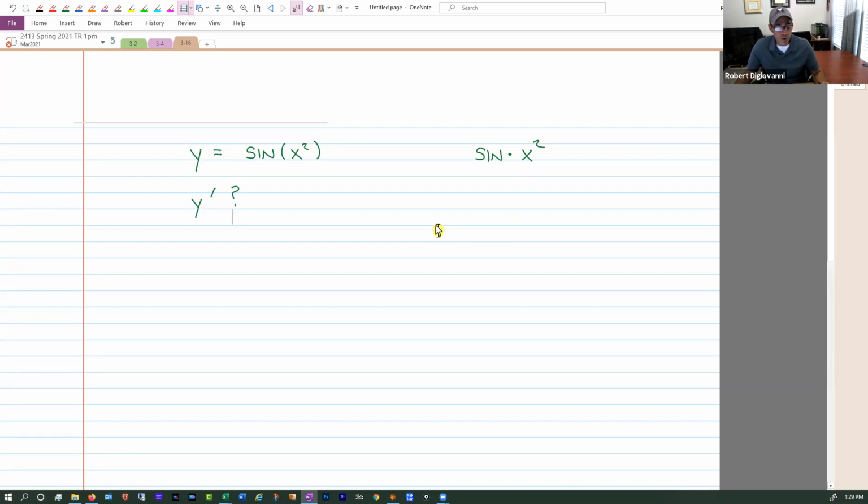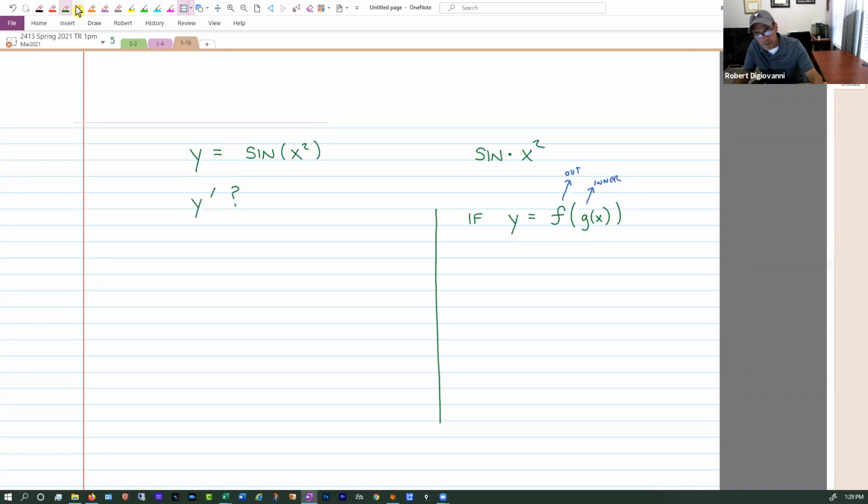So the way the chain rule works is this. I'm going to write the chain rule down here. It says if you have y equals some function f, and inside of that function, you have some other function g. So I want to point out that this is the outer function, and this is the inner function.